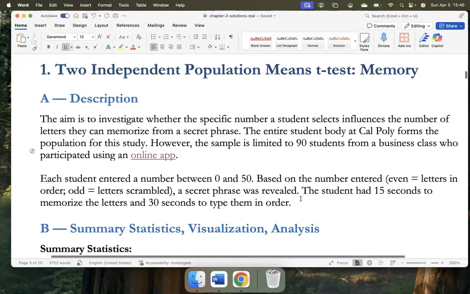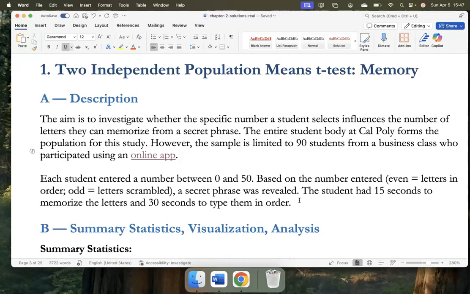What's interesting about that is that I legitimately randomly assigned each person to a treatment by them selecting a number. So they were randomly assigned a treatment based on the number that they selected. Take note of that. How that's different from random sampling is that I would just randomly grab students or randomly ask students to participate in a study, for example.